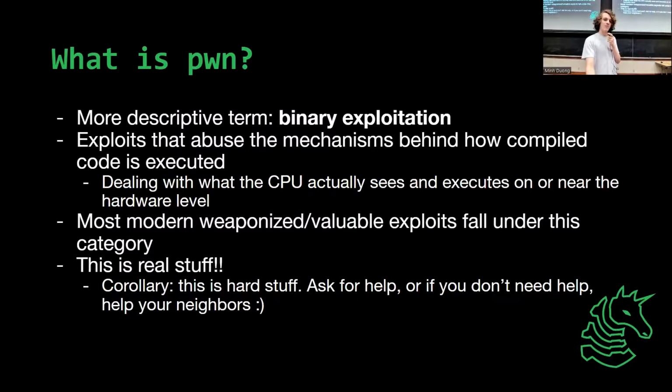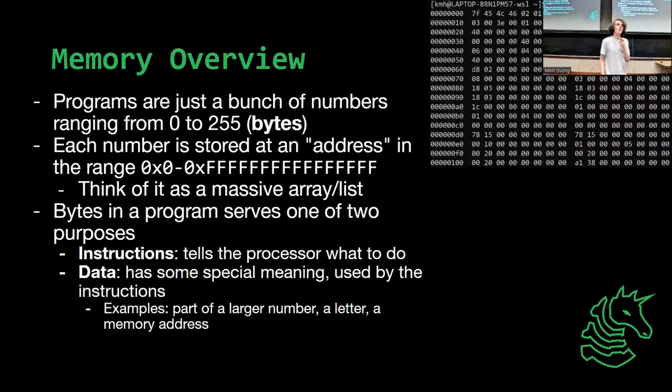All right. So we're going to start with an overview of what memory is when a compiled program is executing. A compiled program is just a bunch of numbers. You can see here I hex dumped the cat program, which outputs files. It's just a bunch of numbers, and somehow these numbers indicate that this program outputs whatever file you pass to it.